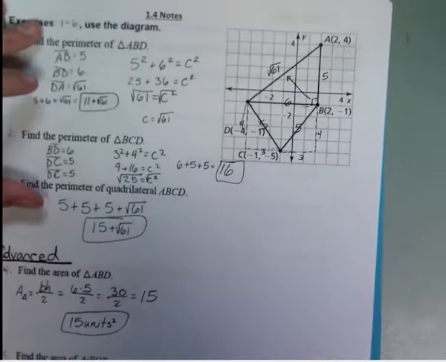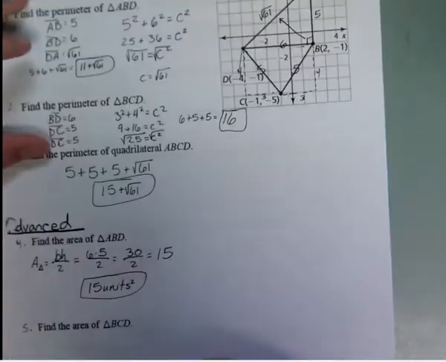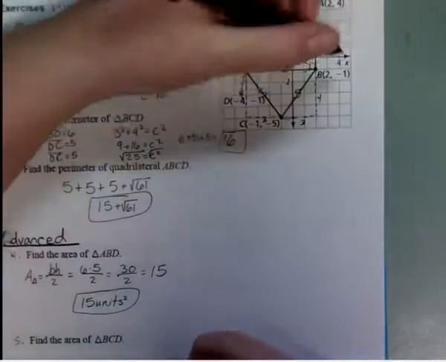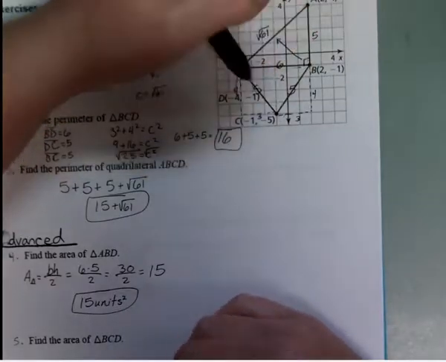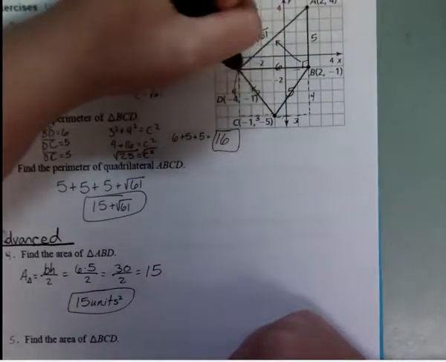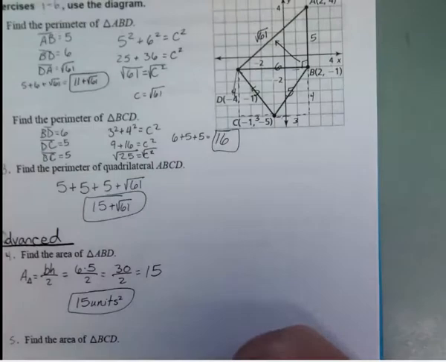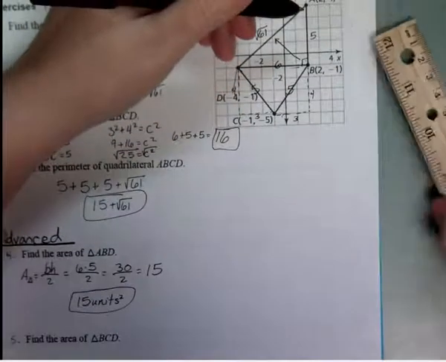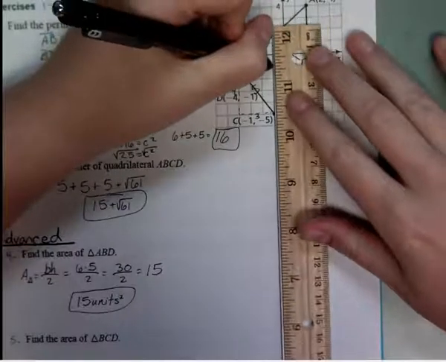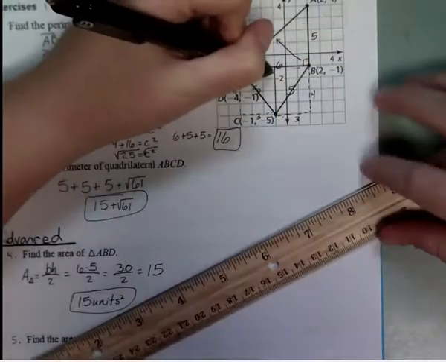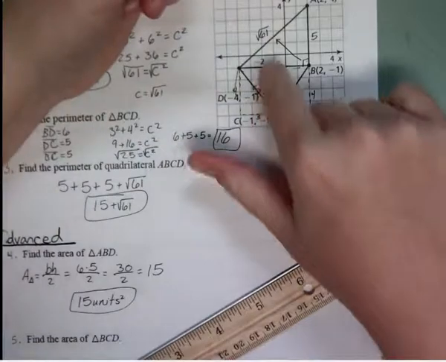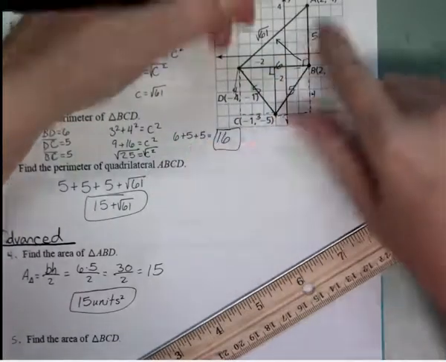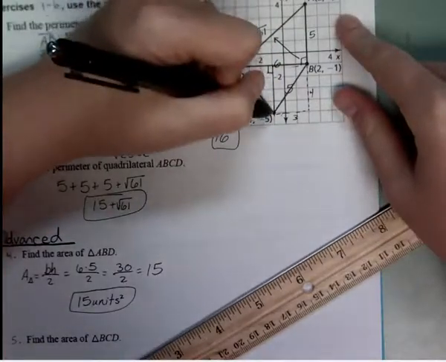Alright, for BCD, this one's a little tricky. This triangle down here. For BCD, you don't have a right angle. So since we have an isosceles triangle, which works pretty well for us, we can draw an altitude from the base of this triangle, which is 6 units long, up through the top.